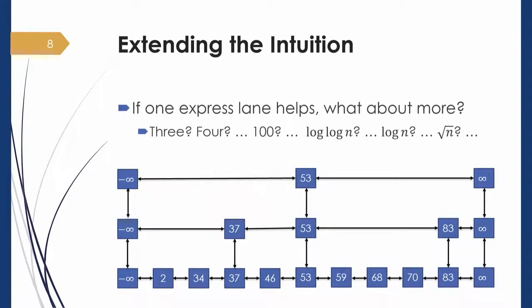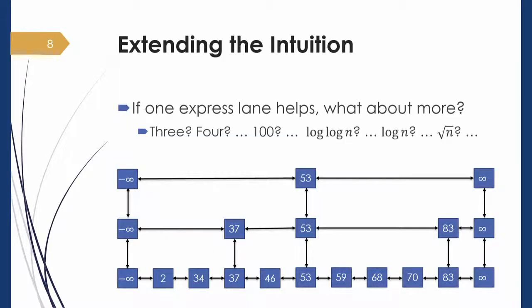Well, let us see if we can extend this intuition a little bit. Obviously, if one express lane helps, what about more? Can we add one more, so get 3 levels or maybe 4, or should we add 100 levels? Should it be log n, square root of n? These are all very valid questions, and for good reason.